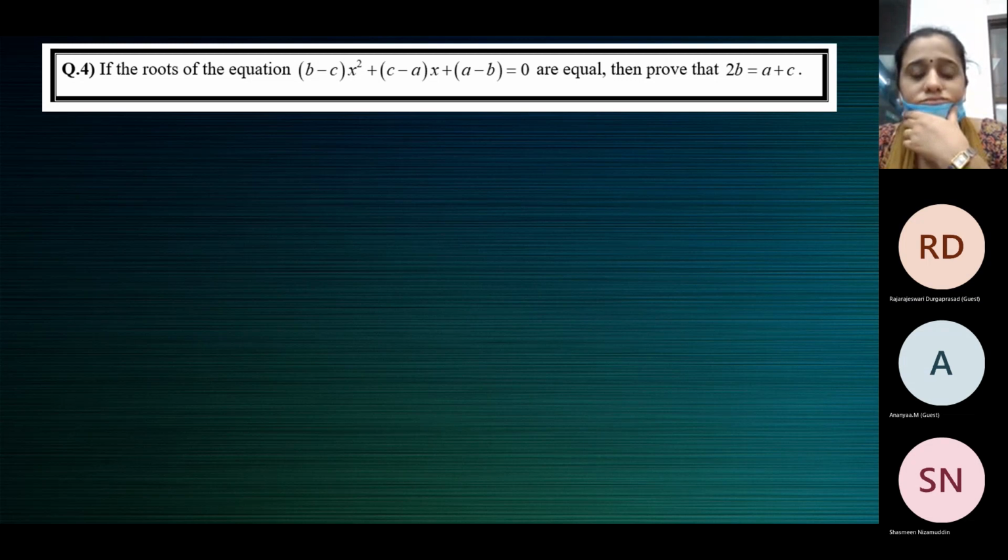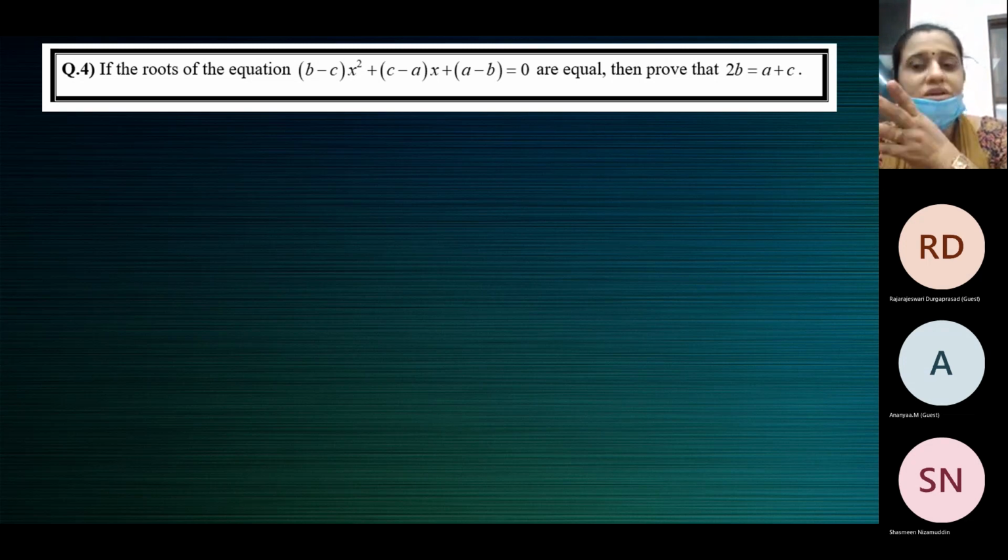Yes, ma'am. Okay. Ram, is it in the standard form? What is the expression for A, B, and C? And what are you finding first? Are you solving the equation or are you finding D? You must only find D. You should not solve and find the values of X.